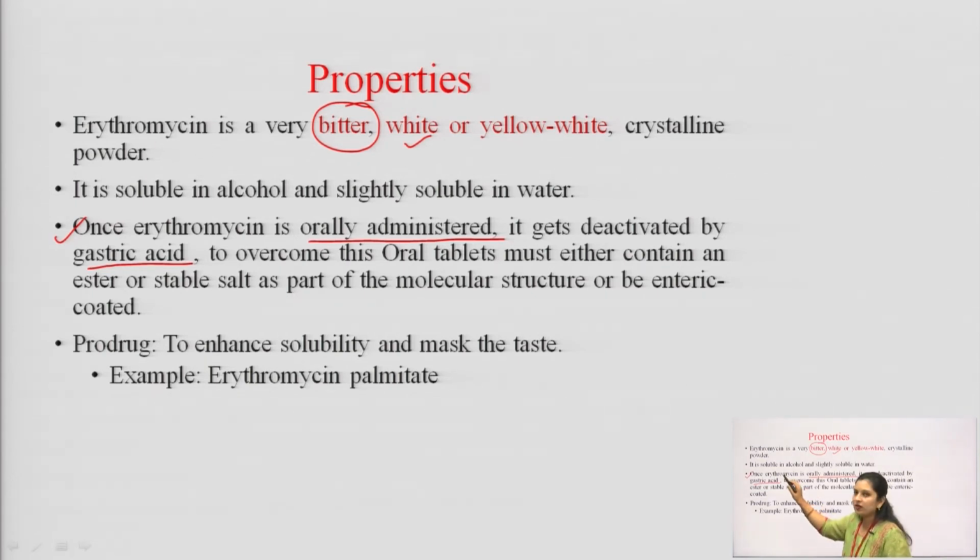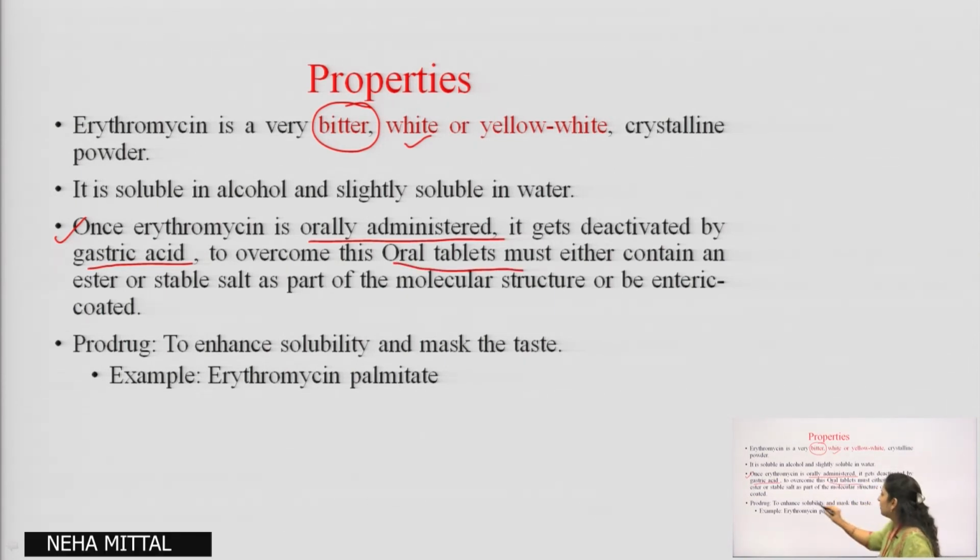So, to overcome this problem, the oral tablet must either contain an ester or some stable salt, or we can make a prodrug of erythromycin which is more stable in acidic environment.